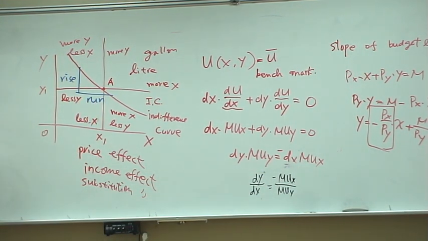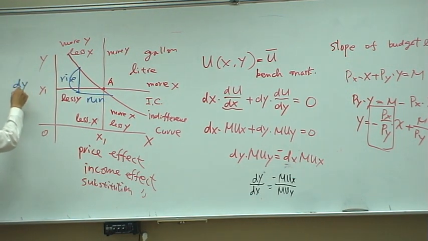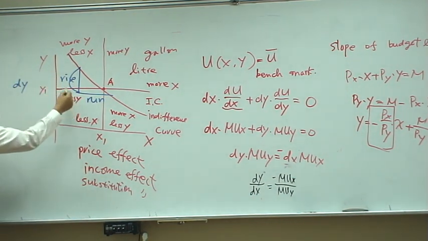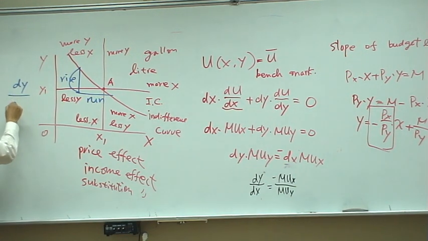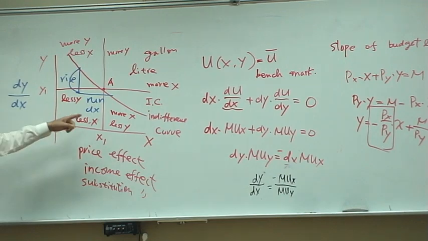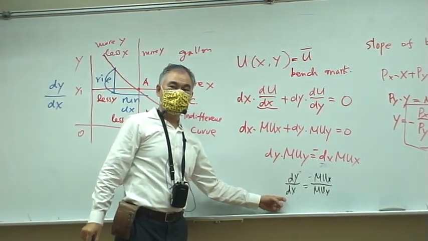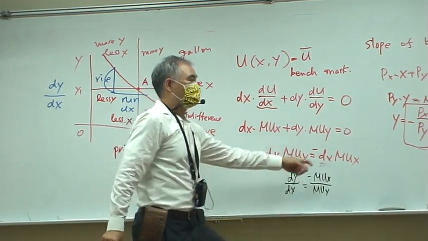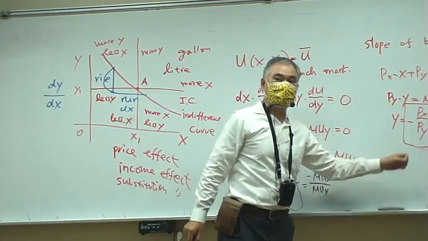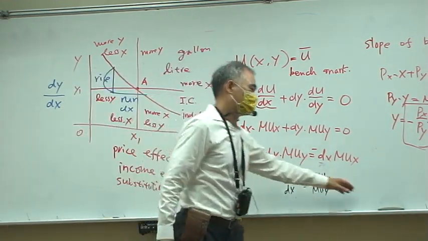So what is the rise? The rise here is change in y. What's the run here? It is change in x, okay? So this is the slope of the indifference curve, and here is the slope of the budget line. So we would talk about the interior solution.